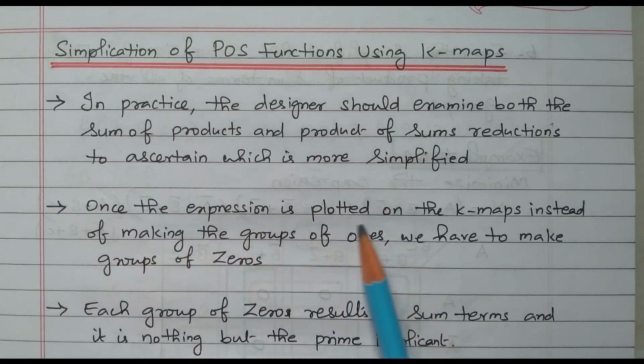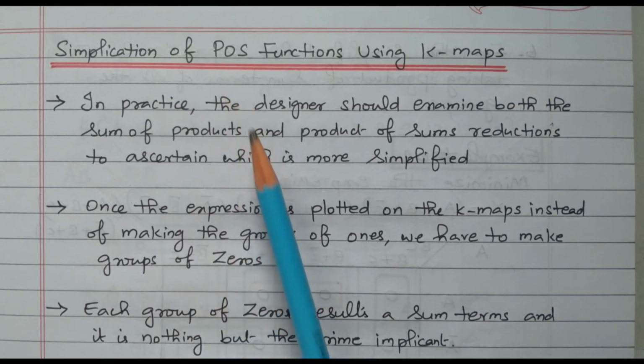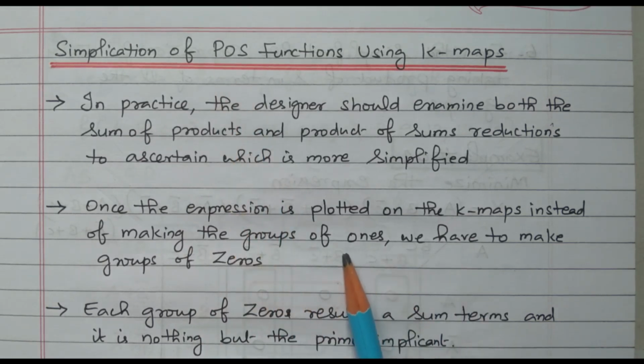Once the expression is plotted on the K-map, instead of making the group of ones, we have to make a group of zeros. In SOP form, we will mark the function as 1. In POS form, it is marked as 0. All the given terms are marked as 0, so we need to group the zeros, right?